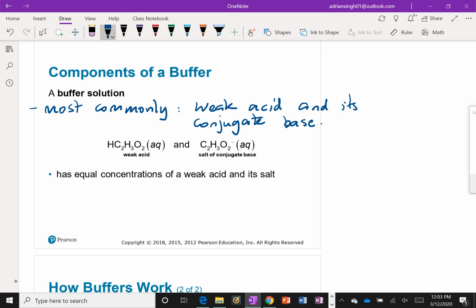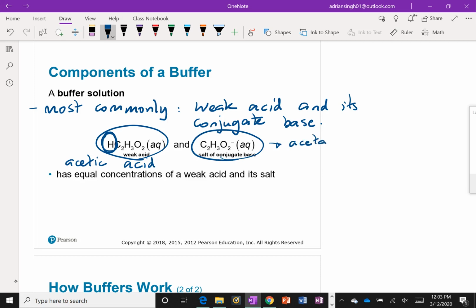Right, so for instance here we have an example of a weak acid. This is acetic acid. And the conjugate base is going to be the thing that is left after it loses that H+, right? So this acts as an acid, gives up that H+, and we have our conjugate base here, which is the acetate ion.